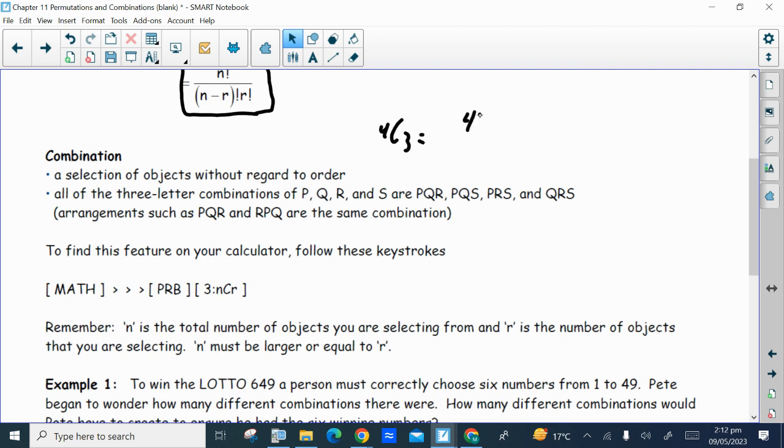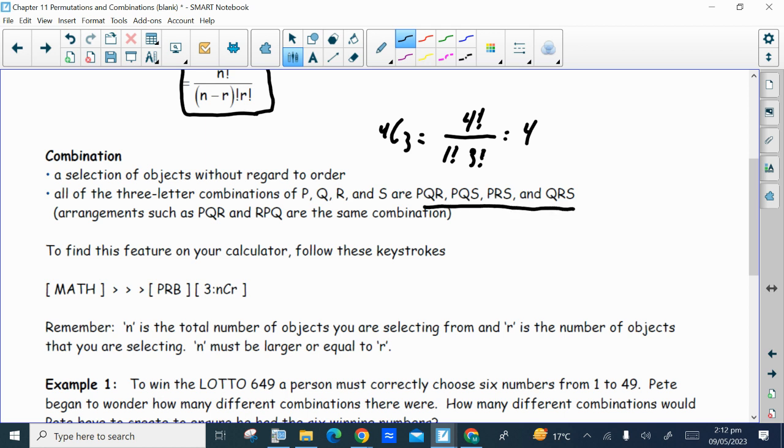Using the formula, it'd be 4 factorial over 4 minus 3, which is 1 factorial. But then you're also dividing by R factorial. So there are 4, because 4 factorial divided by 3 factorial will just give you 4. And these are the 4 different combinations.